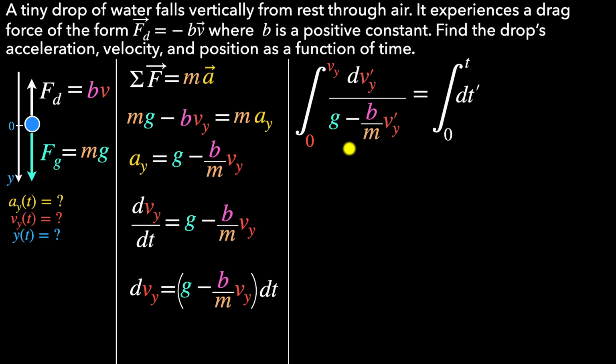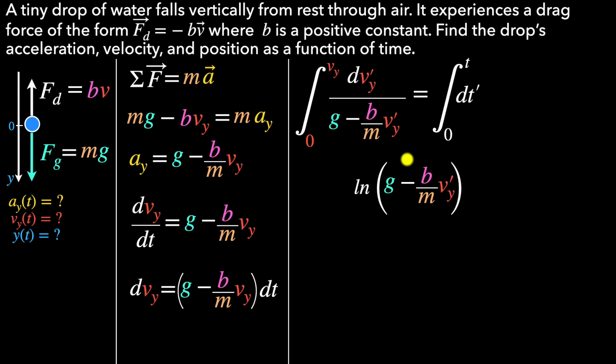Okay, so how do we integrate this expression? We'll do it nice and slowly. Let's first look at the left-hand side. On the left side, if you just ignore the constants, what you have is 1 over the function. So we should ask ourselves, what function, if you differentiate, you get 1 over the function. That's natural logarithm, which means if you integrate this expression, we should get the natural log of this term.